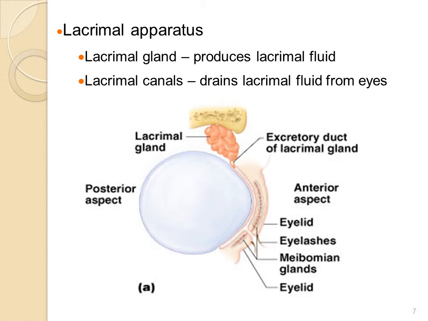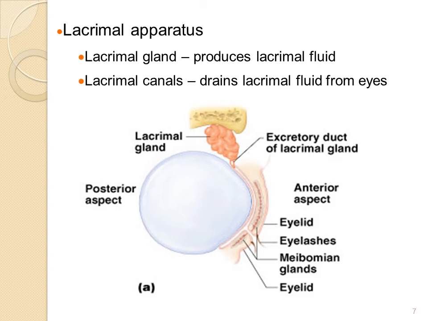Lacrimal apparatus. It consists of the lacrimal gland and the lacrimal canals. The lacrimal gland produces lacrimal fluid, while the lacrimal canals drain lacrimal fluid from the eye.